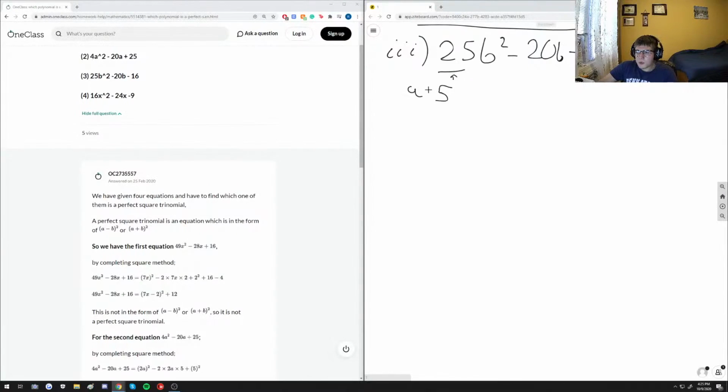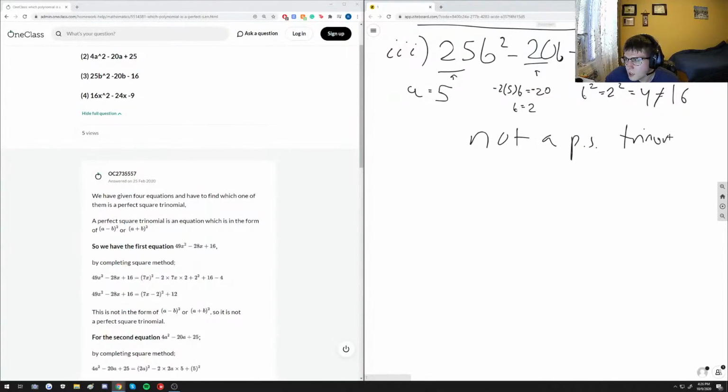So our a value is 5. And then right here, this would mean that minus 2 times 5b is equal to minus 20, so our b value would be 2. However, assuming that our b value is 2, we get b squared is equal to 2 squared equals 4, which is not 16. So this is not a perfect square trinomial.